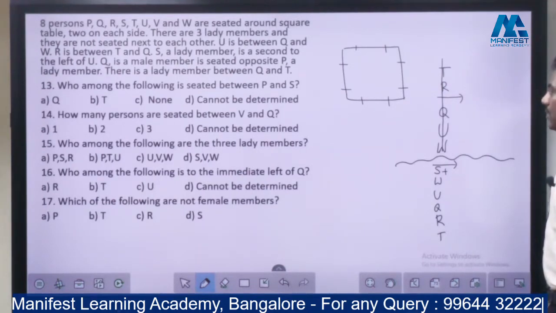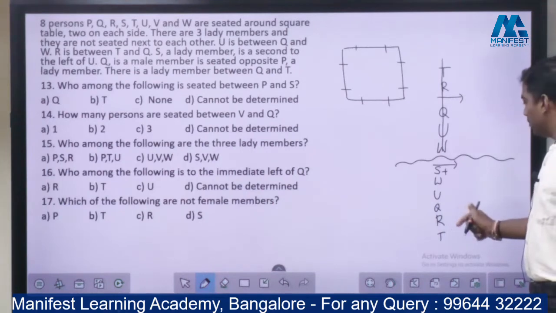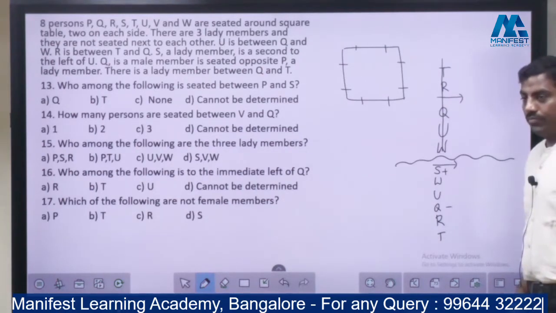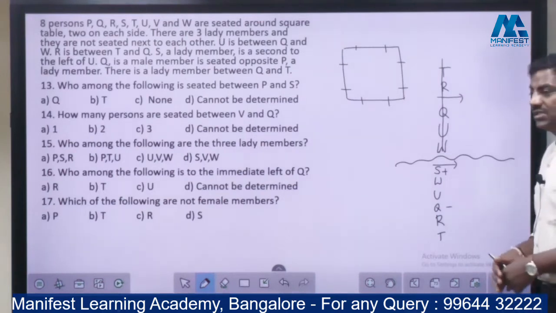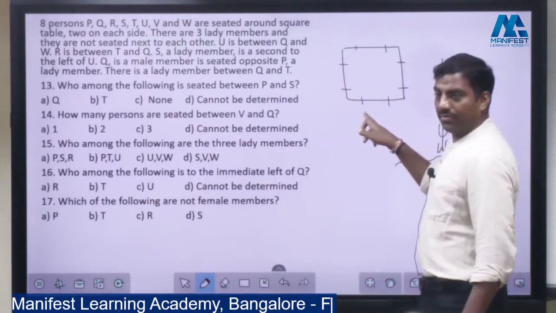Q is a male member seated opposite of P. Where do you put P now? One chance, if you take Q here, P should come here.